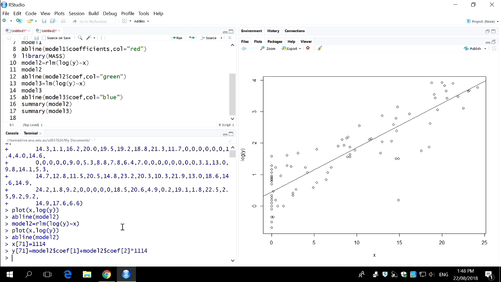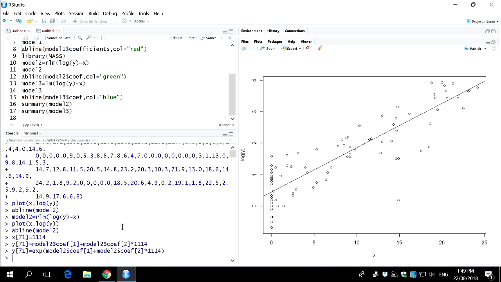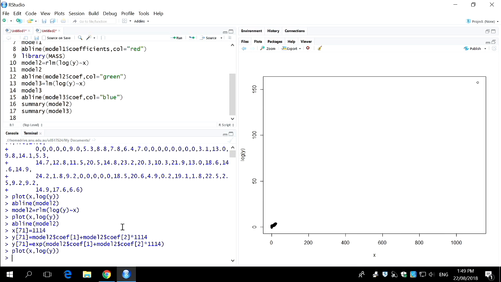Sorry, I need it to be e to that, because I'm going to take logs of that y. Exp of that. And if I plot x and log y now, you get that.